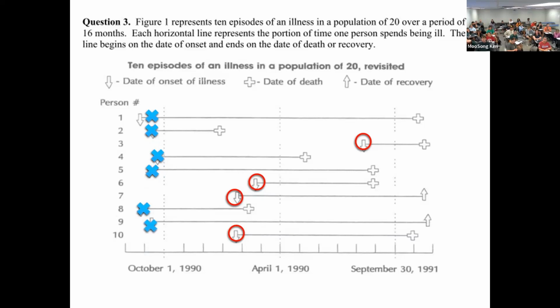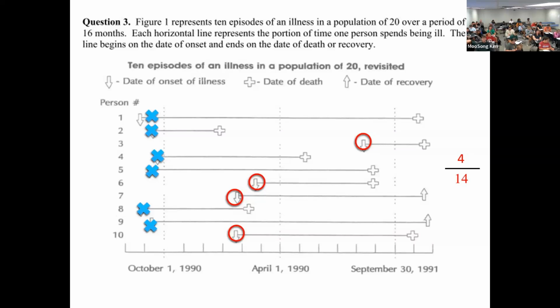We need to exclude people who already had the disease. So how many at risk? 14. Yes. 4 over 14 times 1000, so you might get 280 something, right? Yeah. So does it make sense?